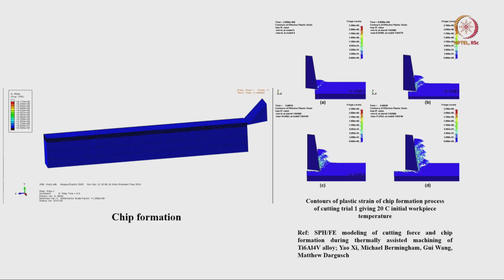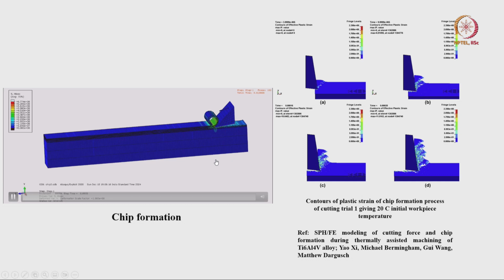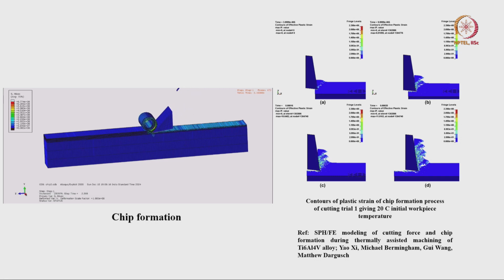Okay. So, this slide shows a typical example of the machining process. You can see from the simulation itself that it is a case of machining of a typical ductile material, because you can see continuous chip formation. So, here you need chip breakers. Otherwise, what can possibly happen?